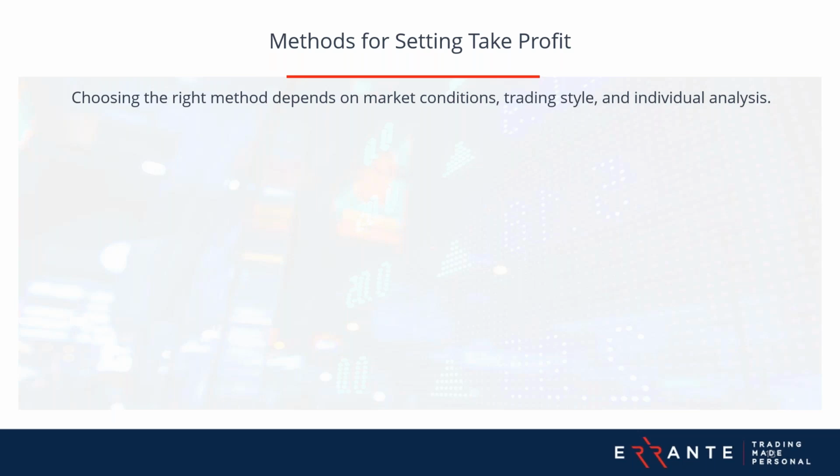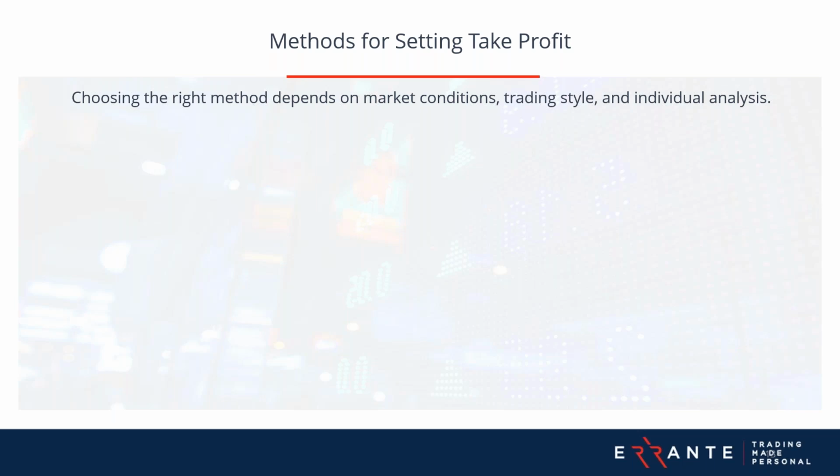Now, as we shift our focus to setting take profit levels, it's crucial to recognize how these are intrinsically linked to the risk to reward ratios we discussed earlier. Effective setting of take profit levels not only secures potential profits, but also ensures that these profits are proportional to the risk taken.